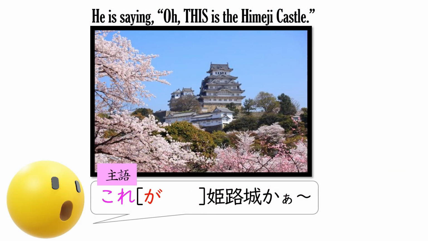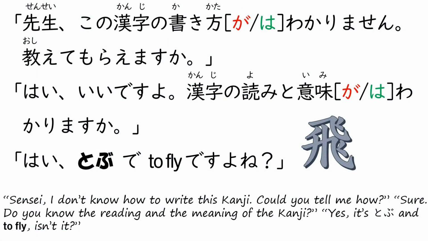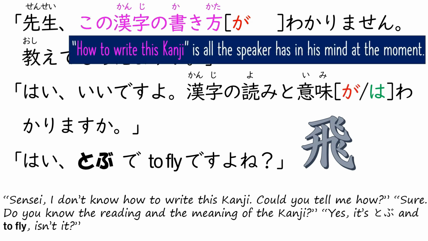これが姫路城か。先生、この漢字の書き方がわかりません。教えてもらえますか？はい、いいですよ。漢字の読みと意味はわかりますか？はい、飛ぶ、で、to fly ですよね。How to write this kanji is all the speaker has in his mind at the moment.